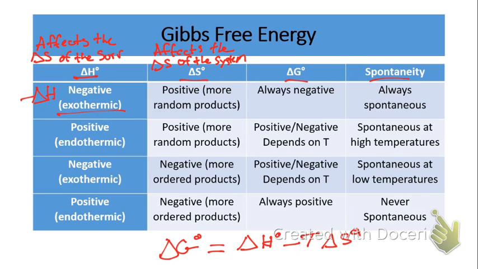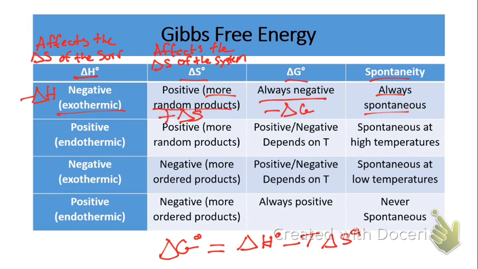Delta S of the system is positive. That means the products are becoming more random. That is super favorable. So basically we're saying that the entropy of the system is going up and the entropy of the surroundings goes up. So therefore, delta G will always be negative, and therefore will always be spontaneous.